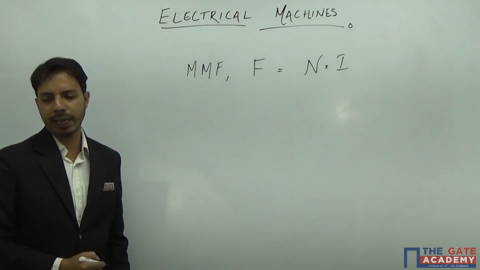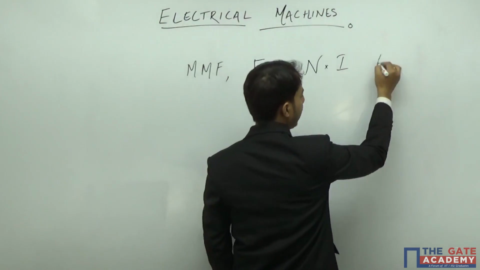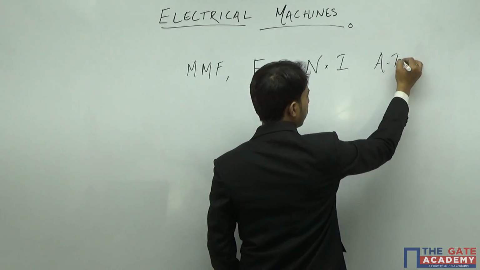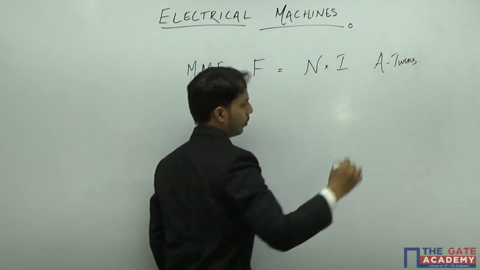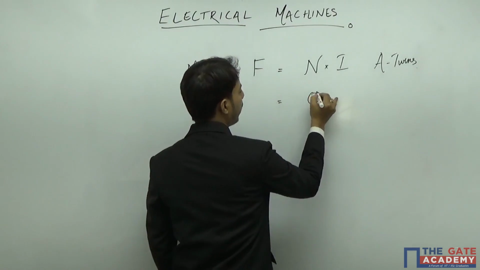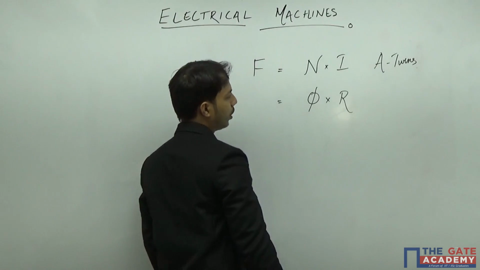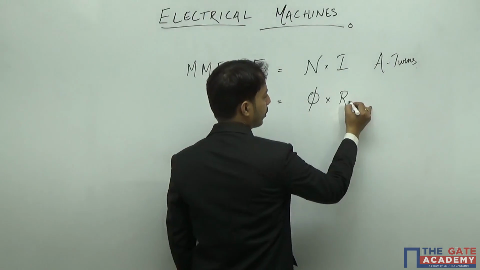It is also called N into I. The unit of this is ampere turns. Also, we can write this as flux into reluctance.